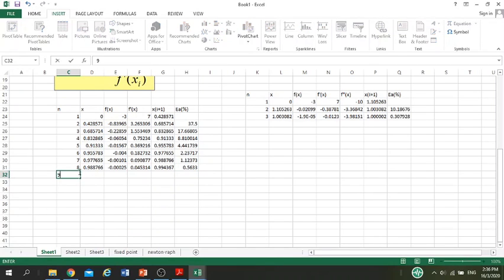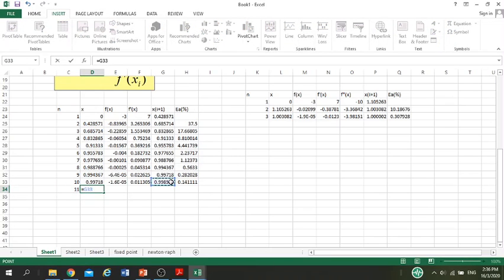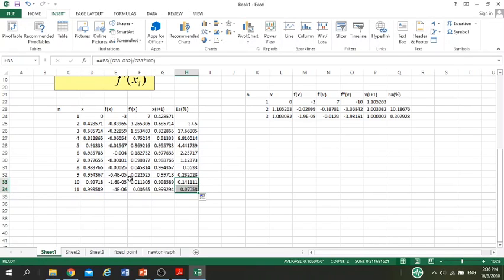So a bit more. I don't know, maybe we have to do this more than a dozen times to get to the value that we are looking for. Okay, here it seems that our value is converging. Okay, I think one more iteration will suffice.